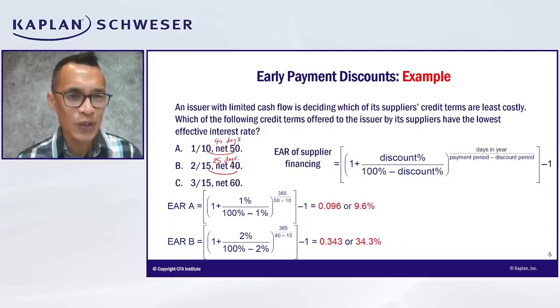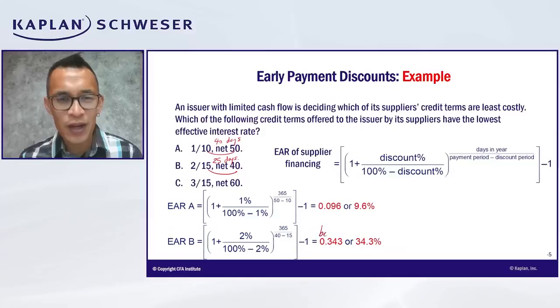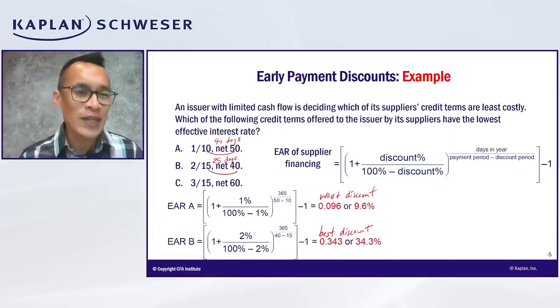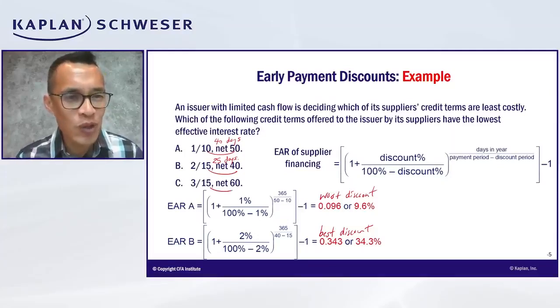So in other words, another way to interpret this one here, this is the best discount. Or A is the worst discount. I mean, they're all good in the sense that you're getting a discount, but it's just, on a converted annualized percentage basis, which is better. Now let's go over to C here, just for absolute completeness.